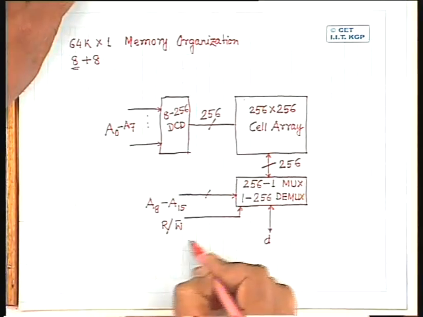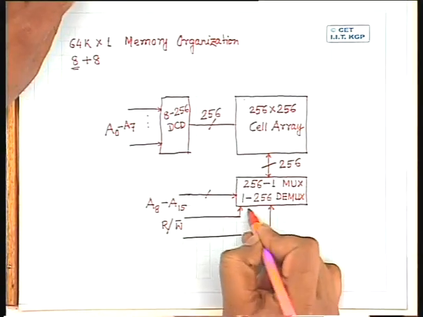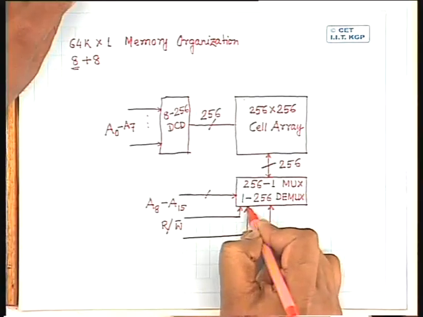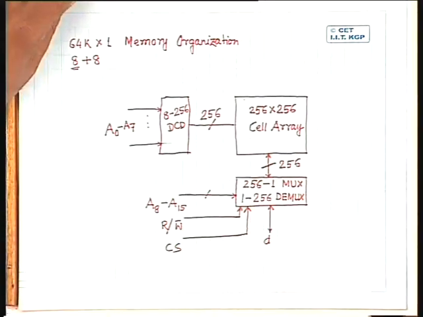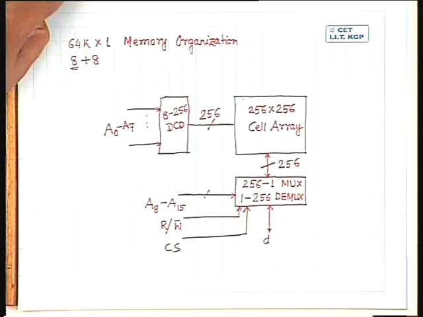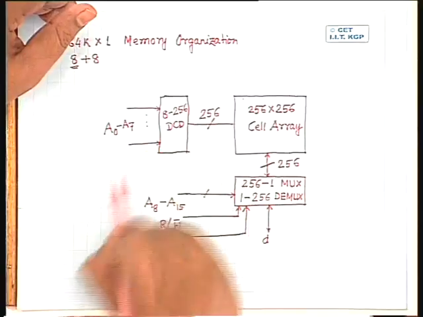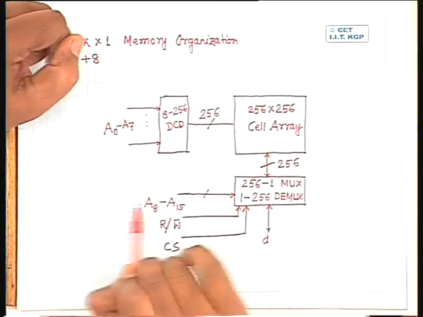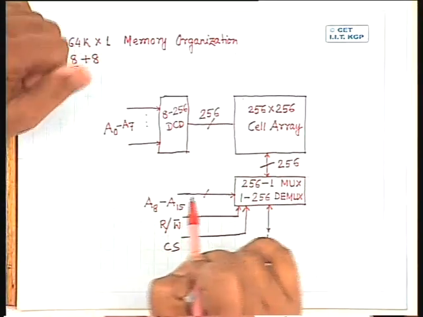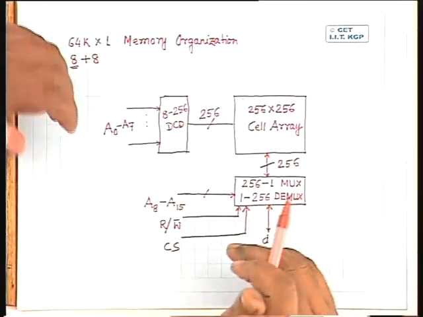I also have to have another control signal which we will call chip select. So, here what we are doing is using this row address, which is 8 bits, I am selecting one of the rows in this 2-dimensional cell array. A row means 256 cells.